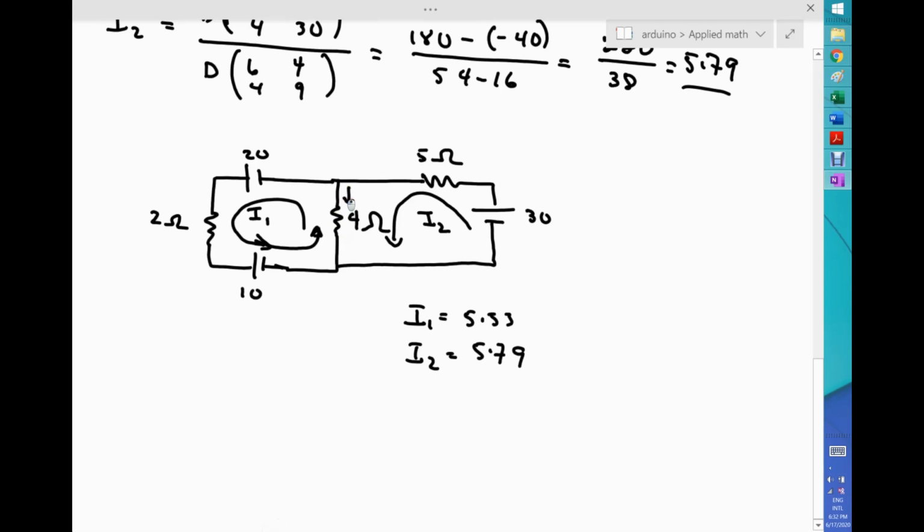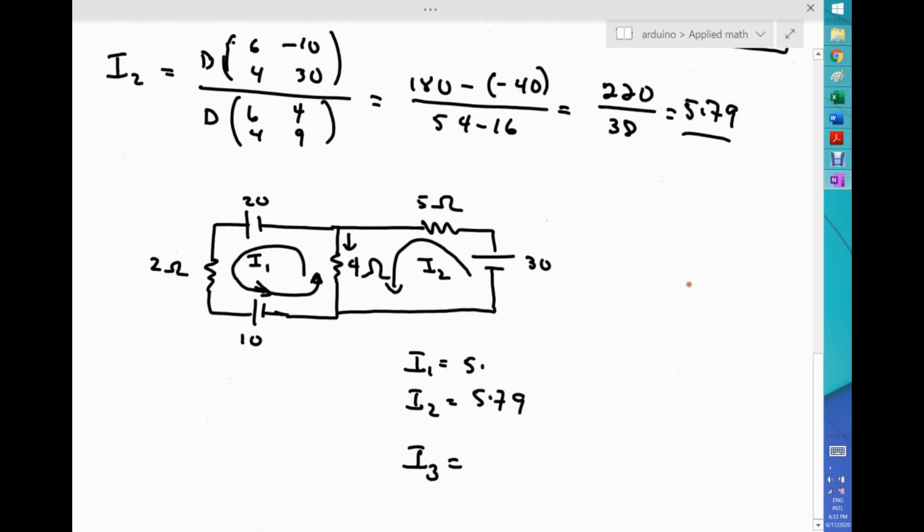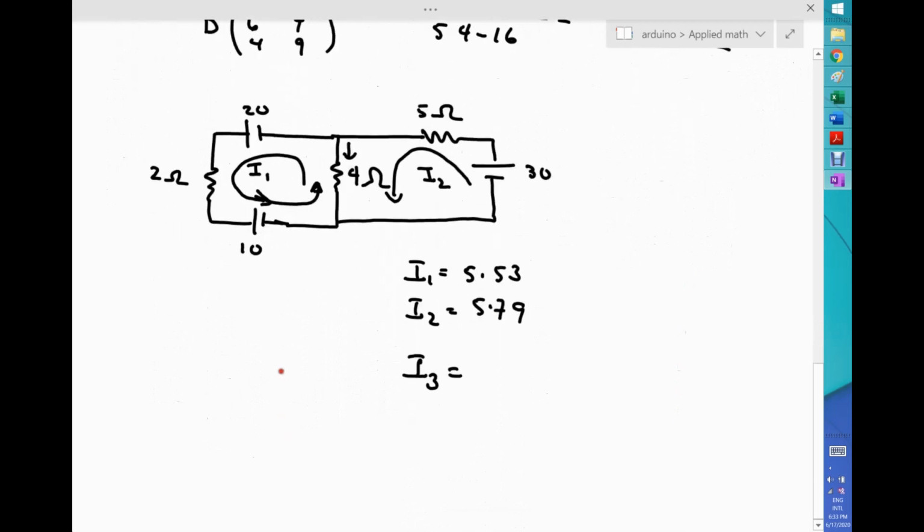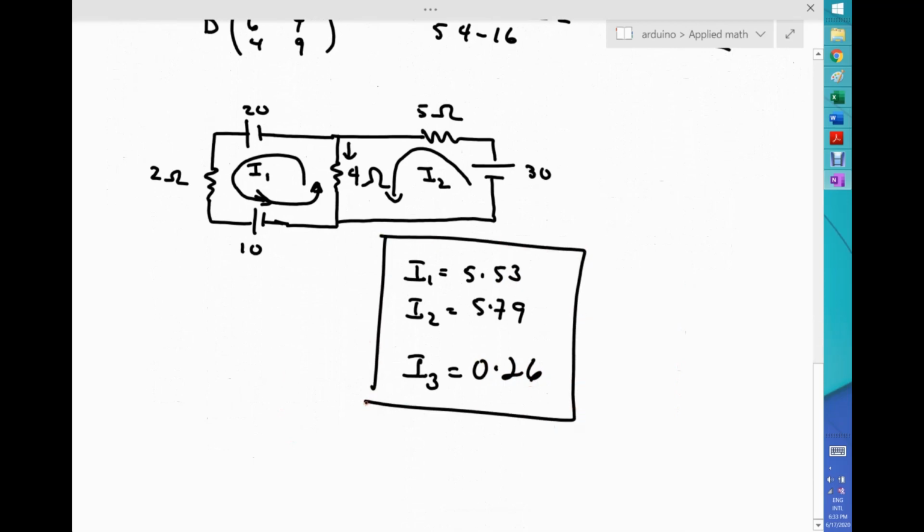If I want to write that down as a different current, like I3, that will be the difference between those. So I3 is 5.79 minus 5.53. These numbers look so ugly. That's 0.26. That's it. End of the story.